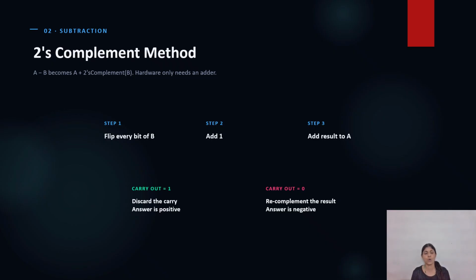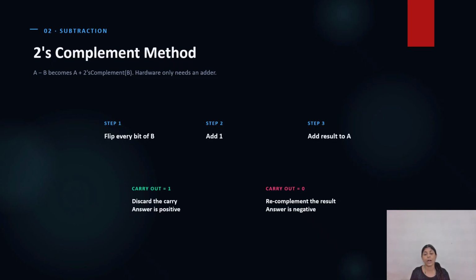So for this 2's complement, you have to follow 3 steps. The first step is flip every bit of B. What is B? The subtrahend. You have to convert every bit of B. Step 2, you have to add 1. Because what is your aim? You have to convert it into 2's complement. What is 2's complement? 1's complement plus 1.